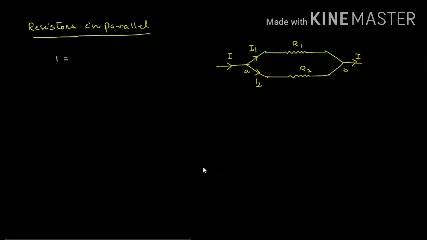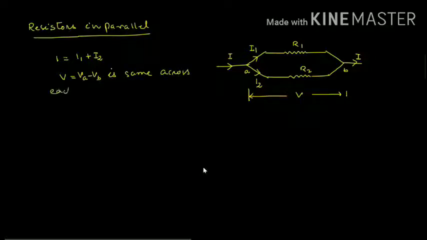I is equal to I1 plus I2. Here the potential difference between the two endpoints A and B is V. This V is the same across each resistor. V equals VA minus VB is the same across each resistor.